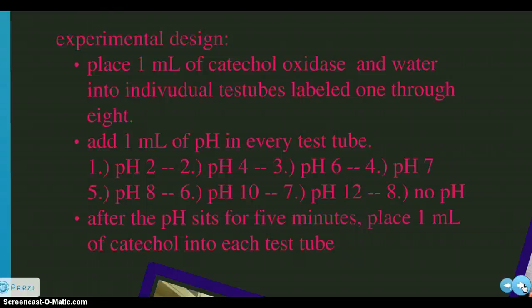The first test tube, pH 2, second, pH 4, third, pH 6, fourth, pH 7, fifth, pH 8, sixth, pH 10, seventh, pH 12. The eighth test tube didn't have any pH.